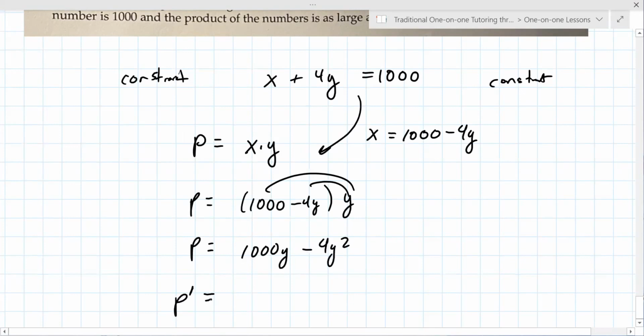Now you're ready to take a derivative. So the derivative is 1,000 minus 8y. You set that equal to 0.